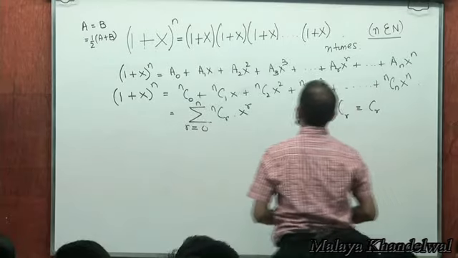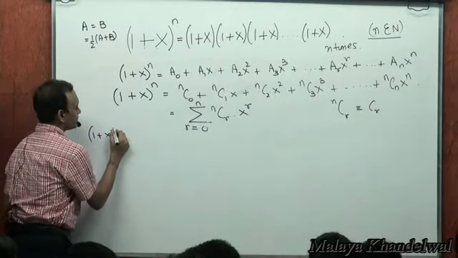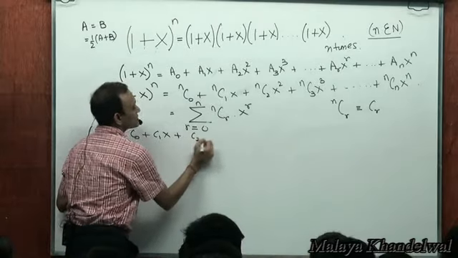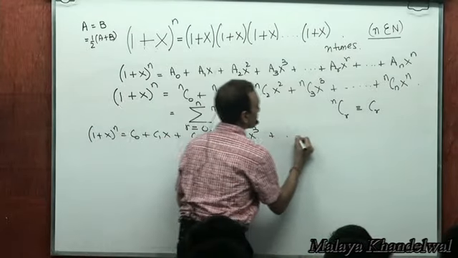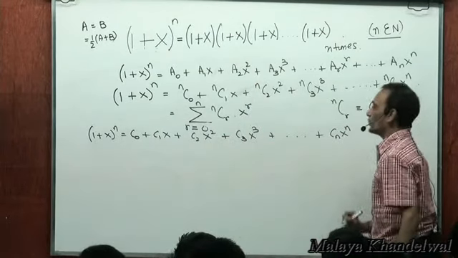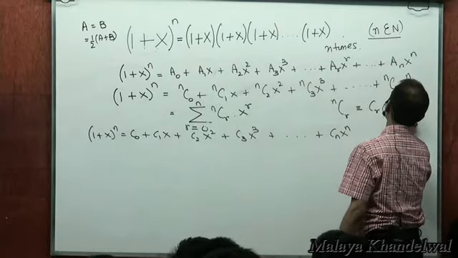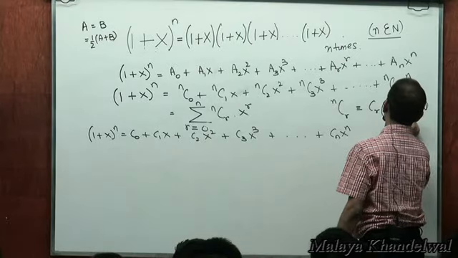So we would rather say 1 plus x power n is C0 plus C1x plus C2x squared plus C3x cubed plus Cn x power n, where these CRs are referred to as the binomial coefficients.